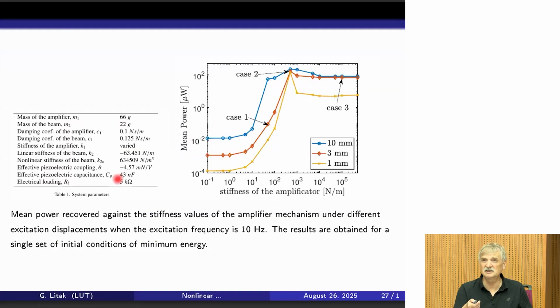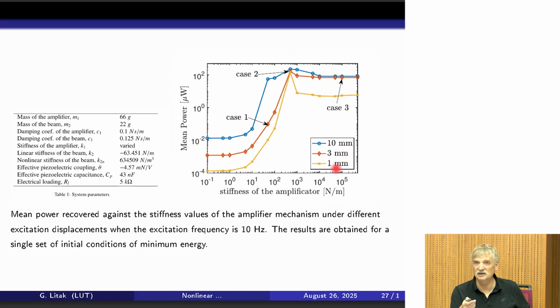So this was presented here. Yeah, so we had different levels of excitation, and unfortunately the scale is logarithmic scale. Yeah, so this is logarithmic scale, but your maximum is somewhere close to all the curves.